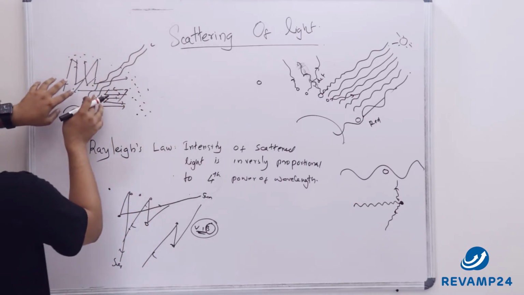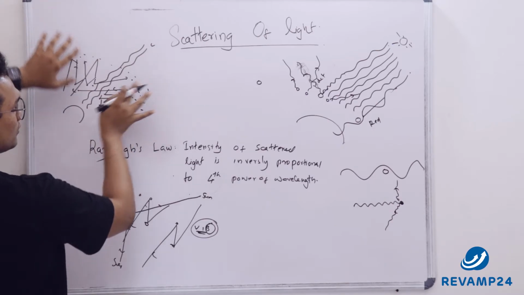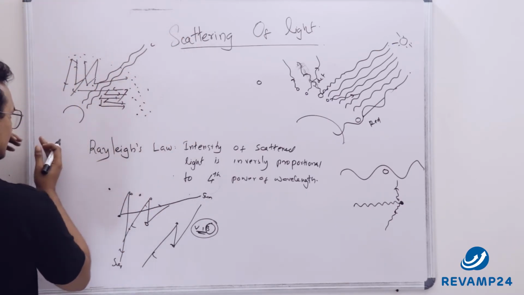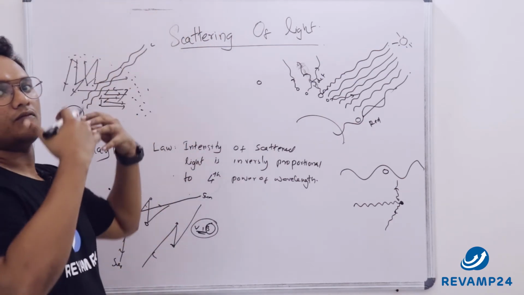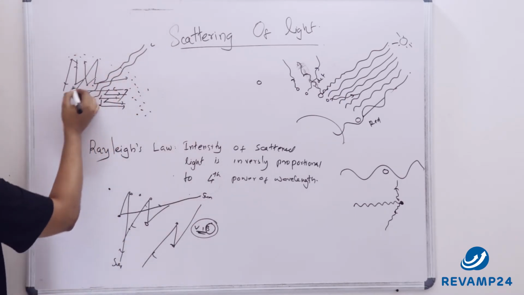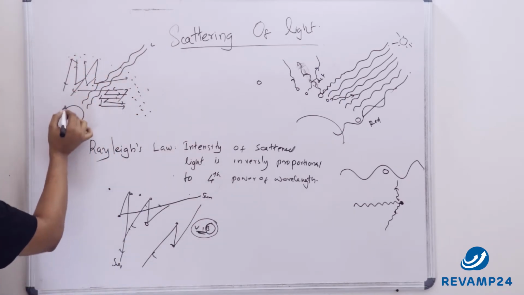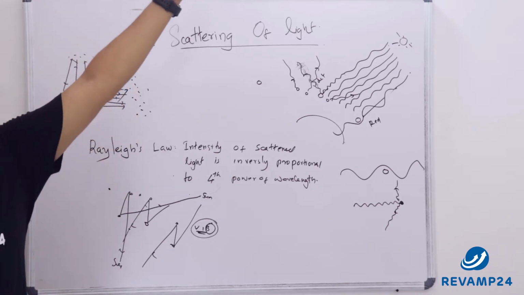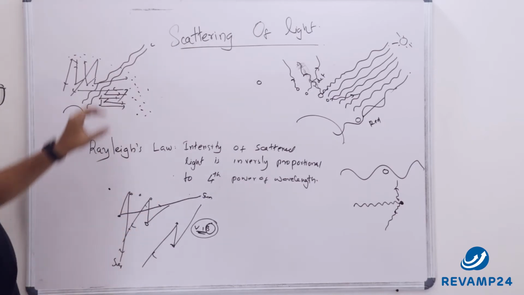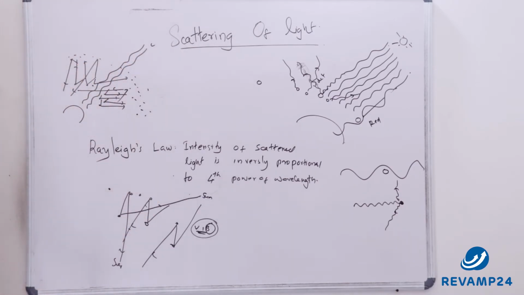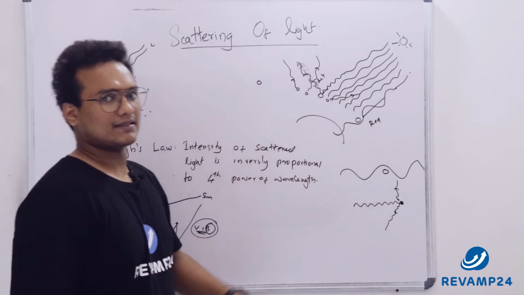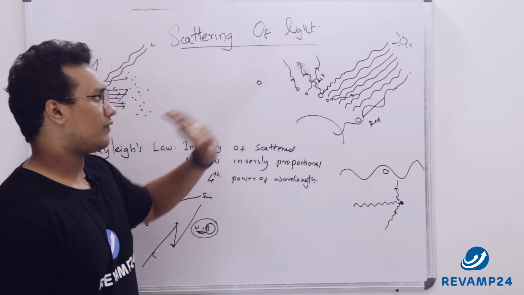After scattering they go in different directions, and from there again they are scattered and received on earth. What we are seeing is blue color light coming from the sky, but actually it is being scattered again and again and reaching our eye. But when we are directly looking at the sun, we can see yellow, orange, red, these kinds of colors, because they are coming directly towards us.